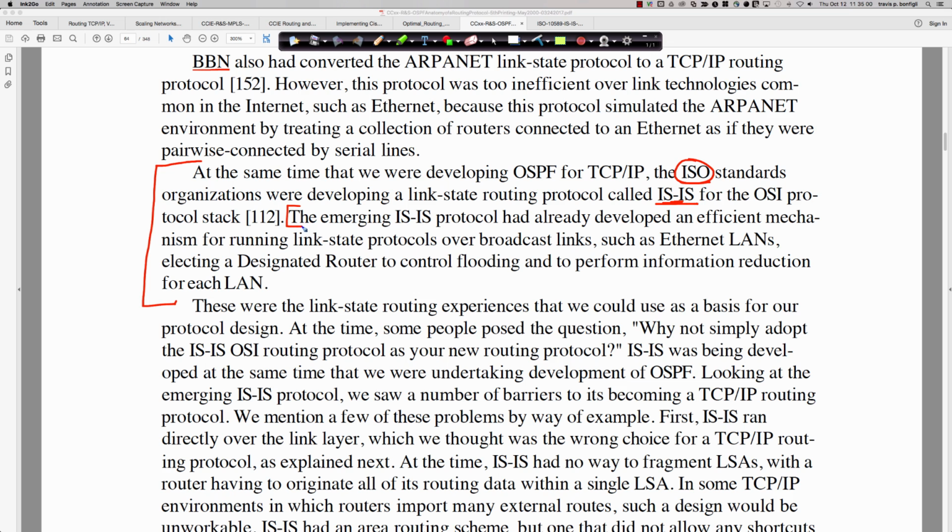The emerging IS-IS protocol had already developed an efficient mechanism for running link state protocols over broadcast links such as Ethernet LANs, just like the one that we are looking at. And so it was ISO, in the development of IS-IS, which is intermediate system to intermediate system, and an intermediate system is just a router. You could think of it as R to R, router to router.